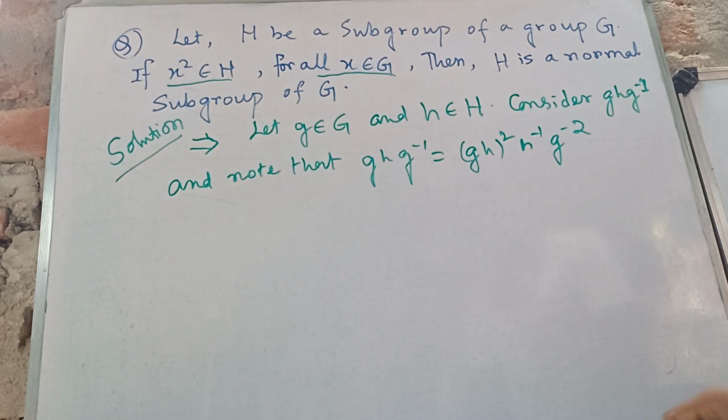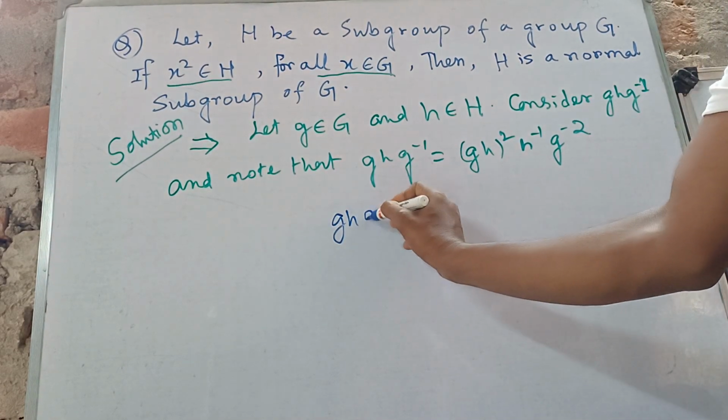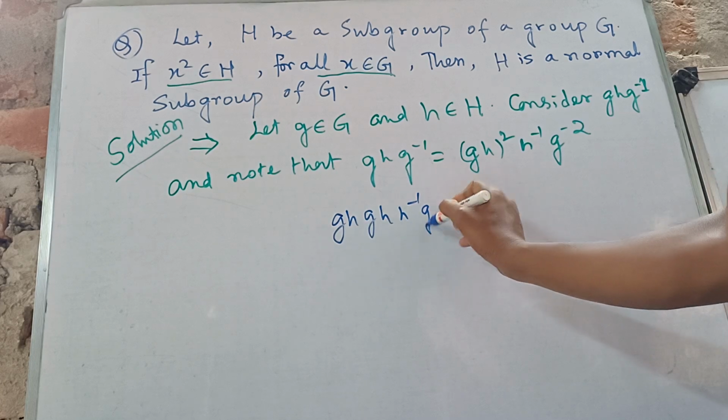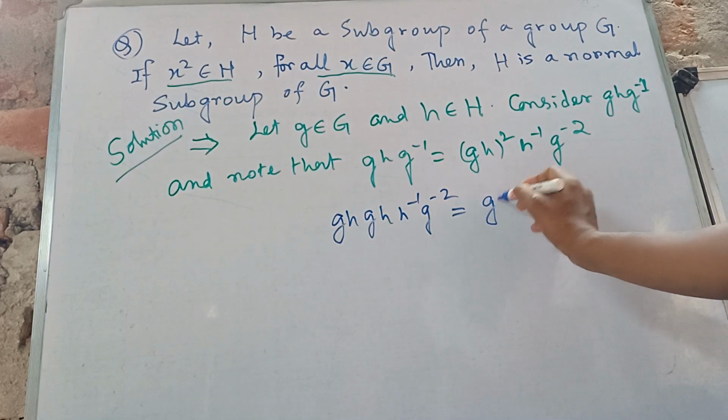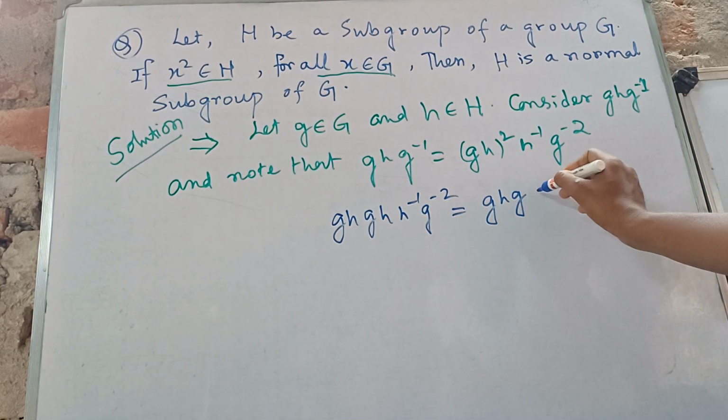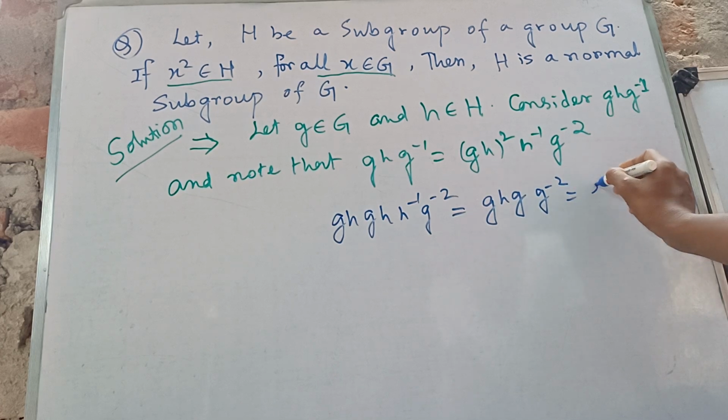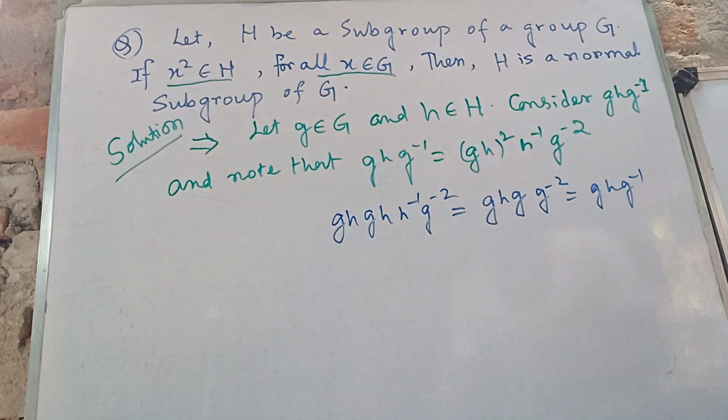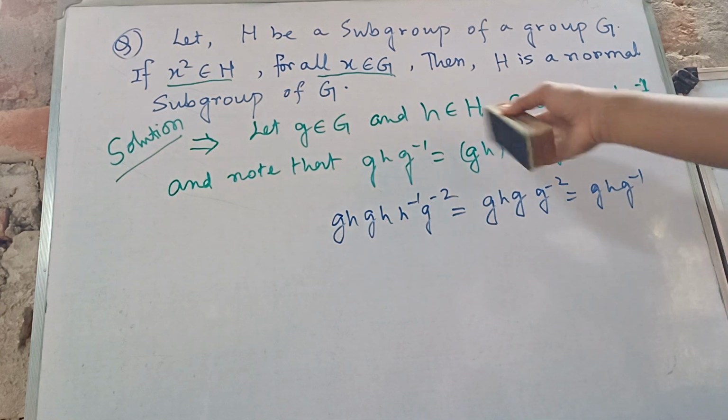We also know about this one easily. That means h inverse g to the power minus 2 equals g to the power minus 2, which equals g inverse. So not a problem at all. We write it easily in this way.